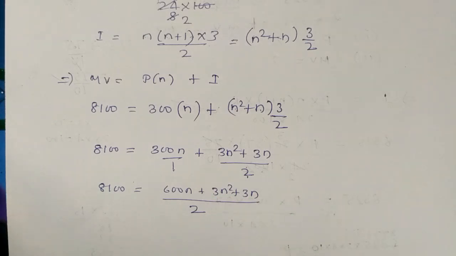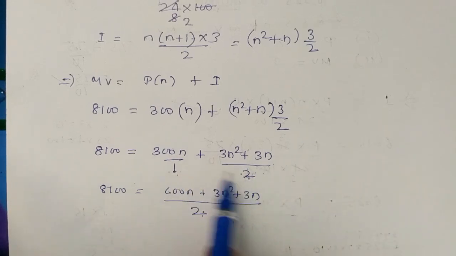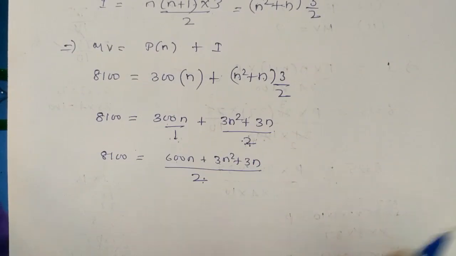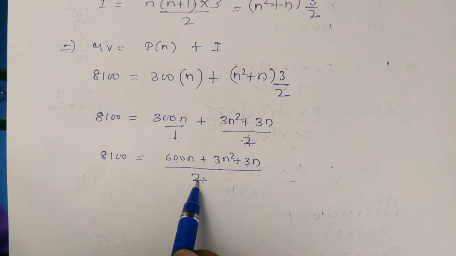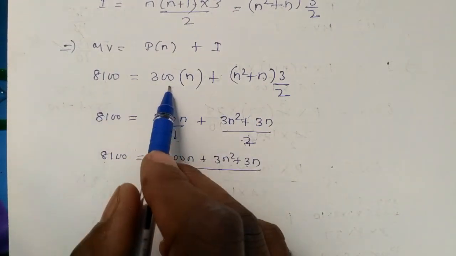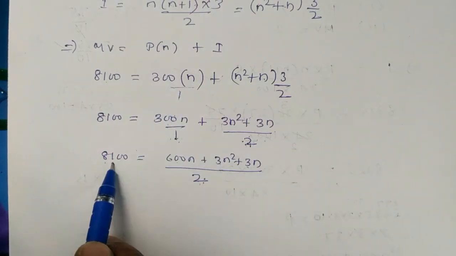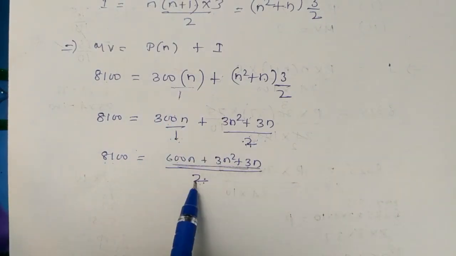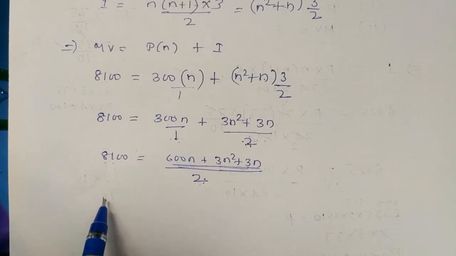How to get LCM? 1 into 2, 2. 2 into 300, 600. 1 into anything, same. So by this way, LCM has been completed. Now the 2 can be taken to the LHS. Before this, you cannot take the 2 here without LCM. Now you can take it because it is the old denominator. 2 into 8100.